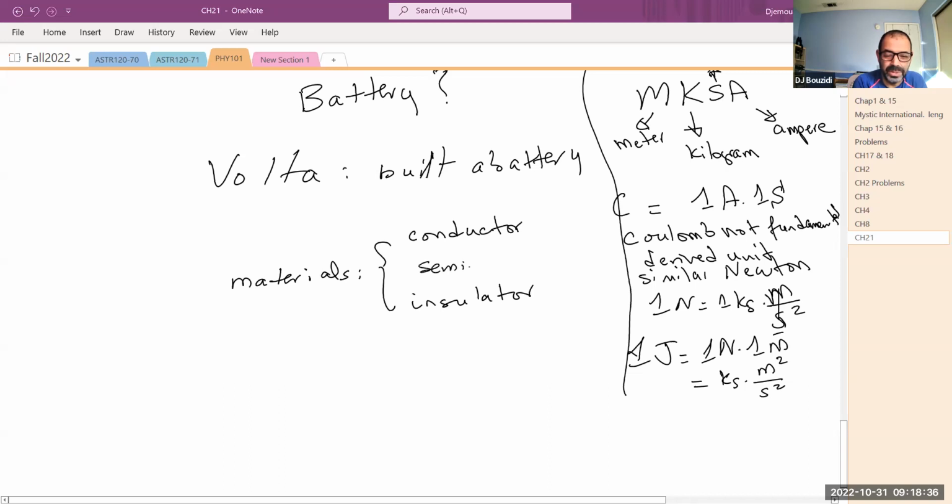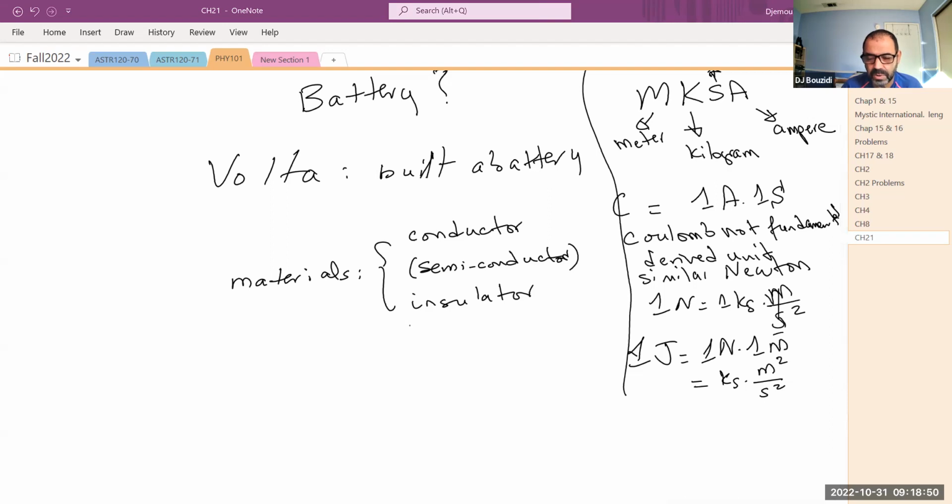Semiconductors are so important in industry that no electronics can survive without them. Basically all of the main components of your cell phone, your TV, your computer, your watch, all of electronics depends on semiconductors, which sometimes like to behave one way, sometimes the other way. And there is another, fourth class of materials called superconductors. But for right now, we're focusing only on these two.